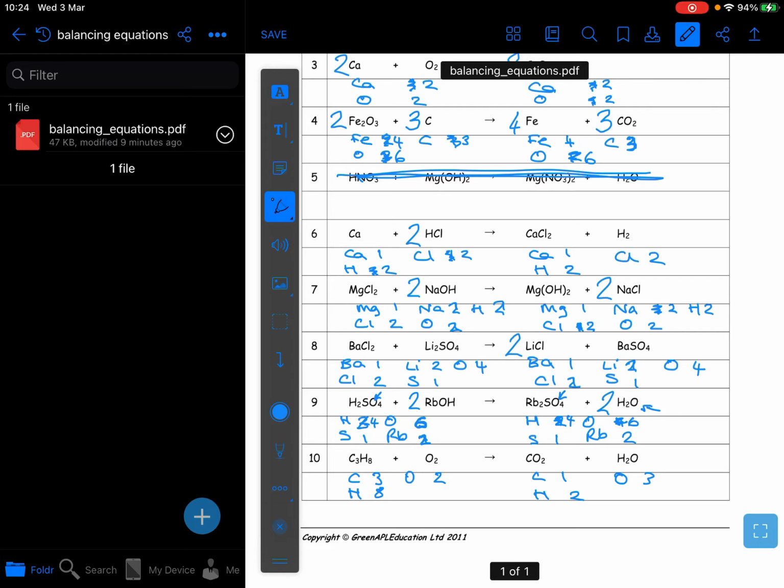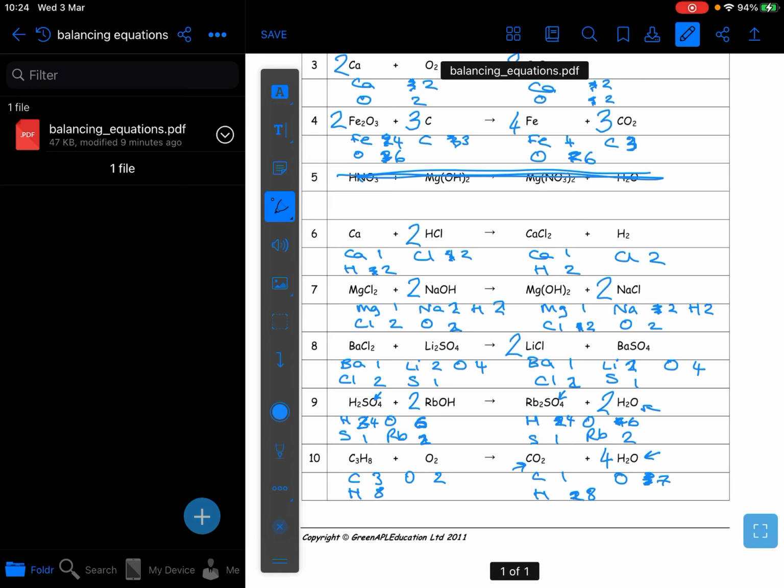Okay, so you've got 8 hydrogen on the left and only 2 on the right. So we want to correct that. So I'm going to put a big 4 in front of it, meaning you've got 8. Now I've got 2 oxygen here in the carbon dioxide and 4 of them there, giving me a total of 7 oxygen on the right.